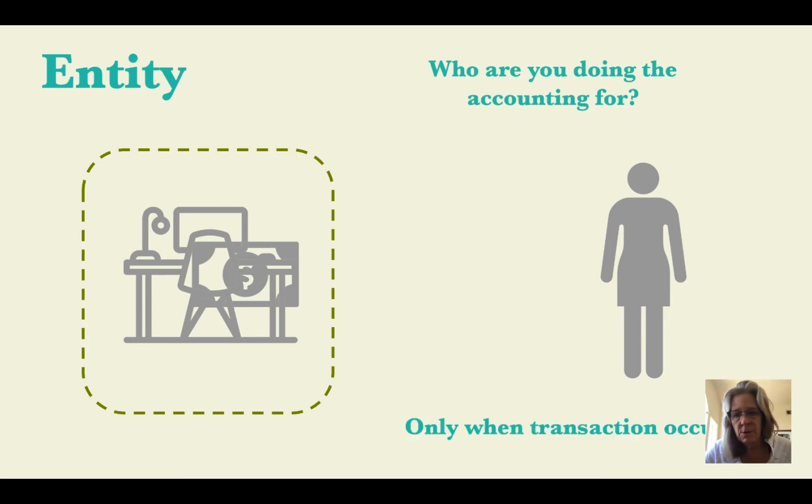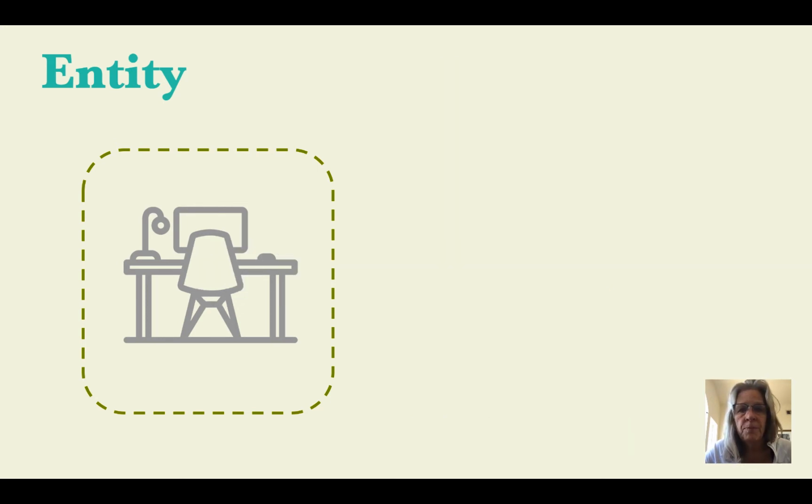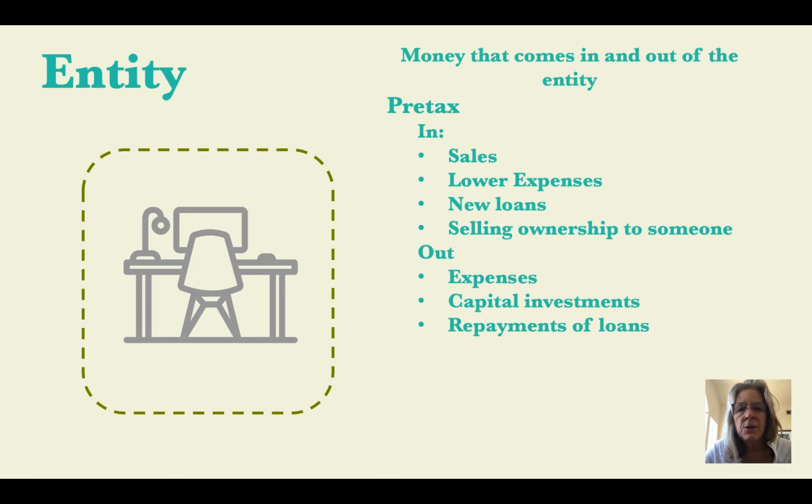This is only when transactions occur in an accounting system, but when we're doing a forecast, we will want to be considering things into the future. So we want to account for all the money that comes in and out of the entity. And there's a concept associated with that, the pre-tax.